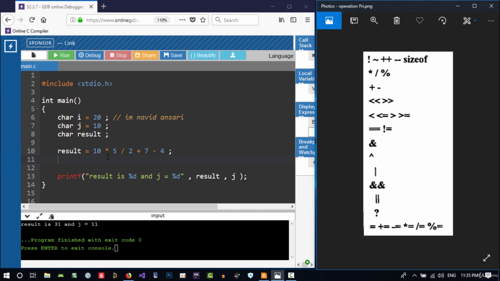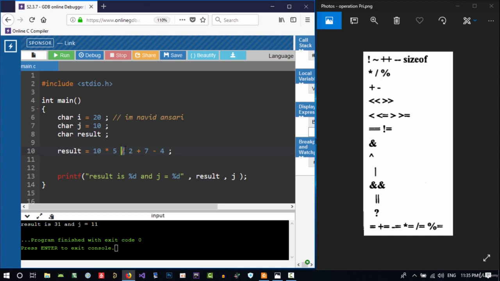So what will happen here? Let's see. There is multiply and divide in this equation. Which one of them will execute first? You see that two of them are in one row.